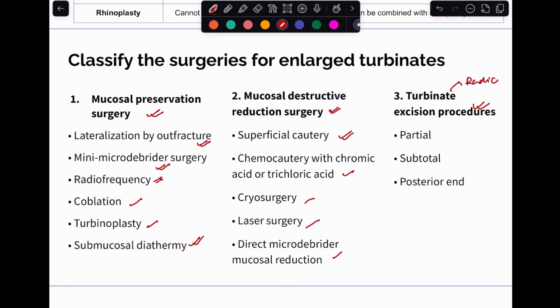Under turbinate excision procedures, we have partial turbinectomy, subtotal, and posterior end. This is the complete list of surgeries for enlarged turbinates. The ones we usually prefer are turbinoplasty and submucosal diathermy. Mostly, mucosal preservation surgery is preferred.